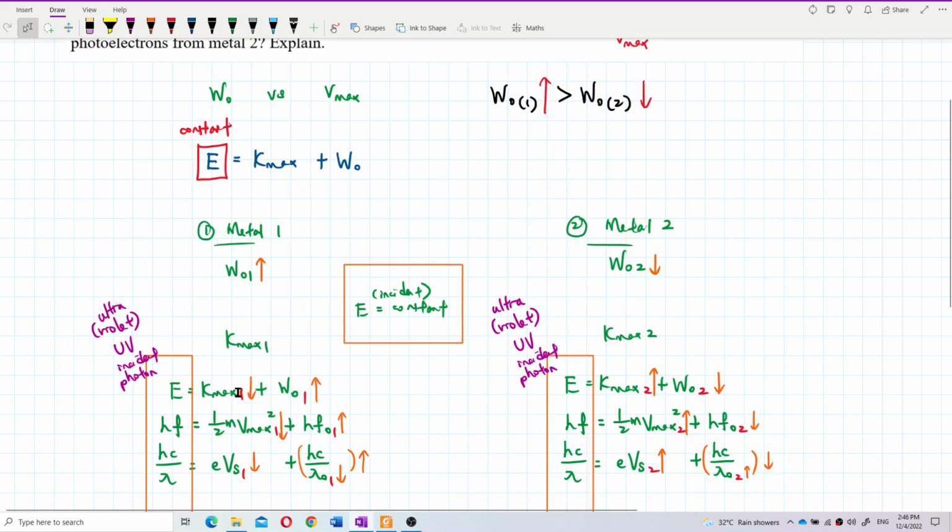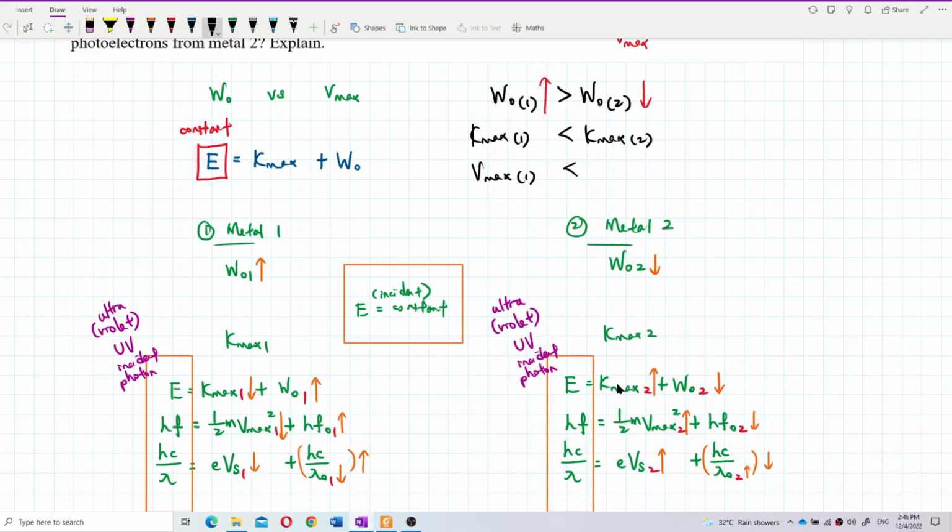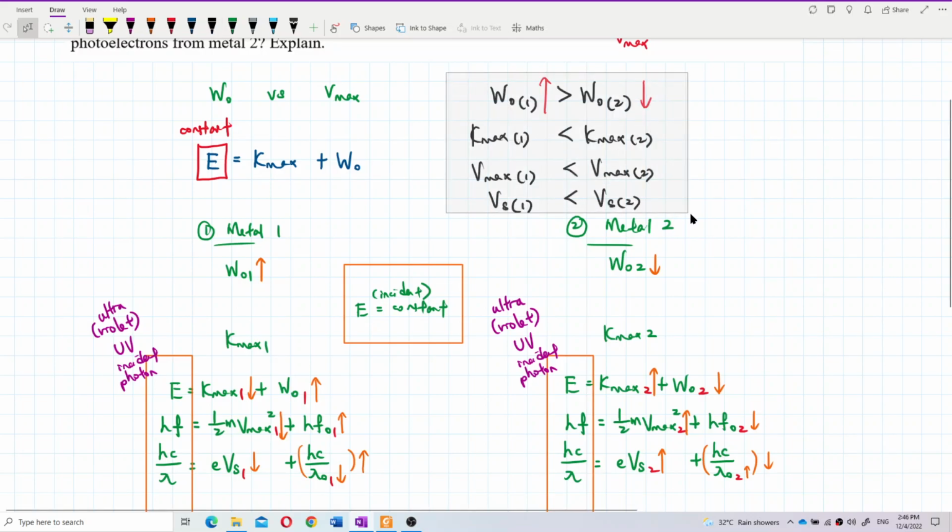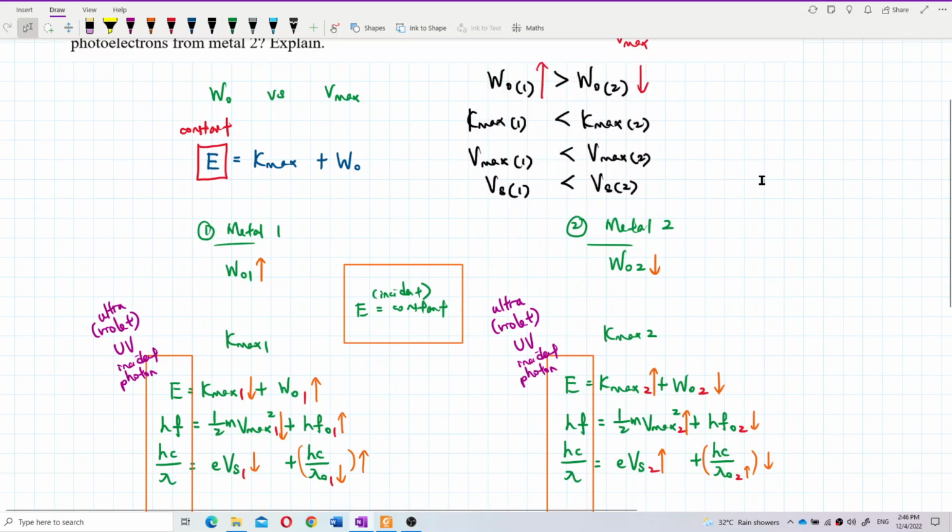That means the Kmax for method 1 is lower than Kmax for method 2, or we can say the Vmax for method 1 is lower than Vmax for method 2, and the stopping potential is also lower than the stopping potential for photoelectrons ejected from method 2. Do you understand the reasoning behind this?